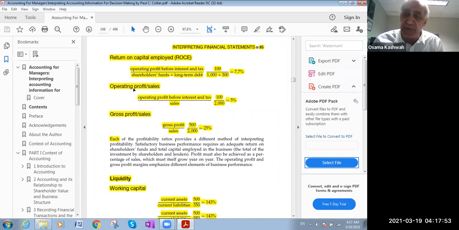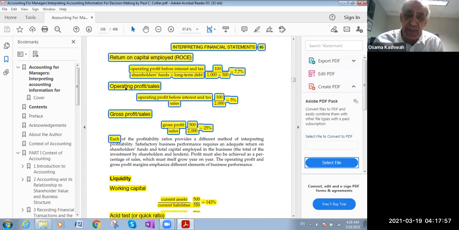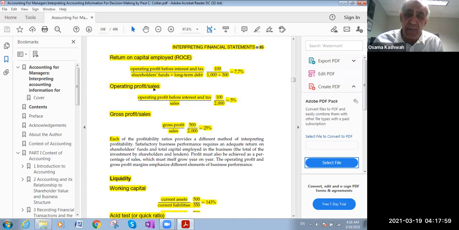Now, let me go to another very important ratio, which is the operating profit divided by sales. When you see any ratio, from the name itself, like operating profit divided by sales, then in the numerator there will be the profits, and in the denominator will be the sales. From the name itself of the ratio, you will not have to memorize it.